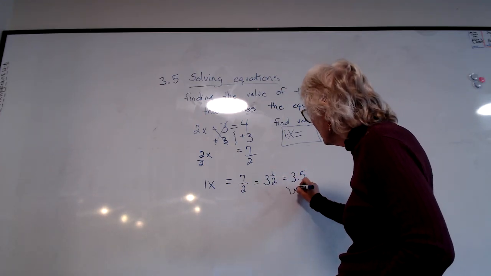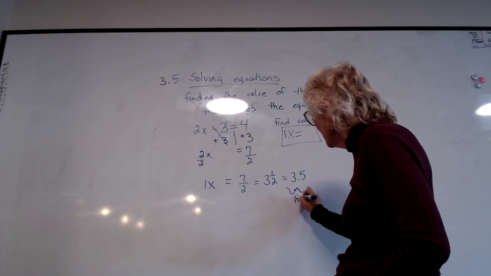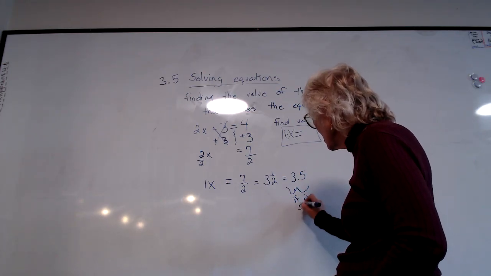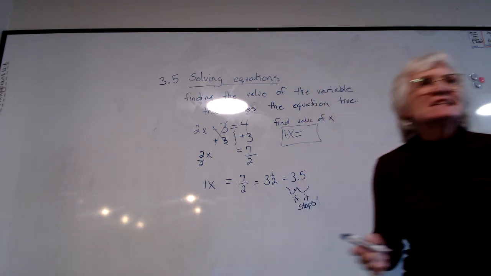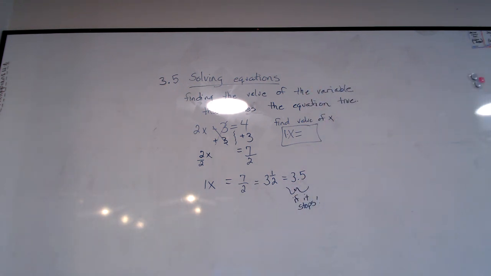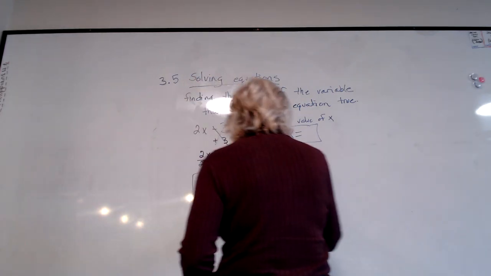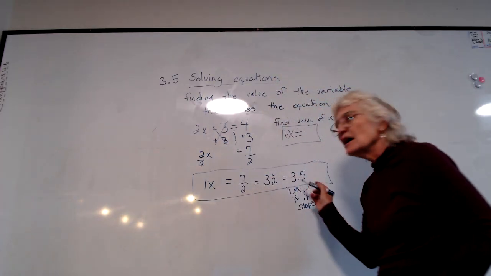We only write the decimal if it stops. 0.5 is a decimal that stops; the digits after that are all zeros. So we could write this answer in any of these forms. I don't care how you write it.